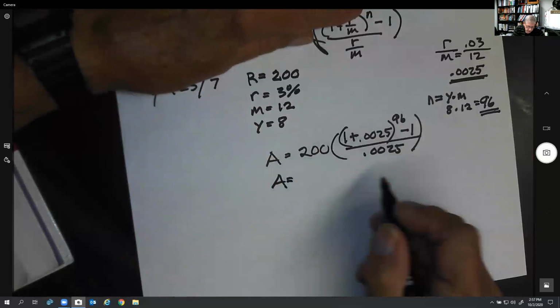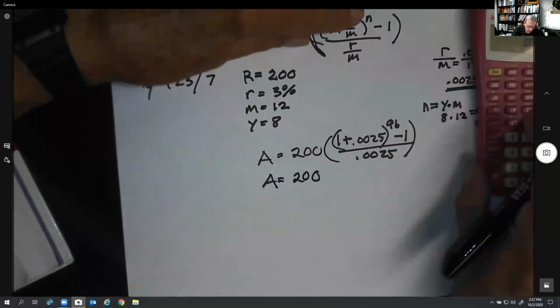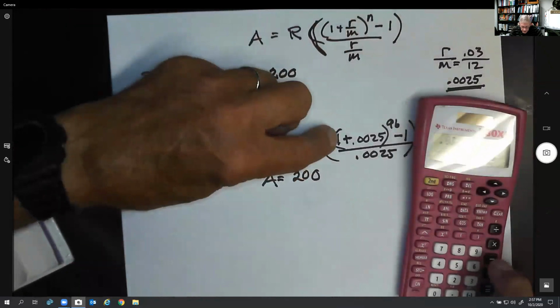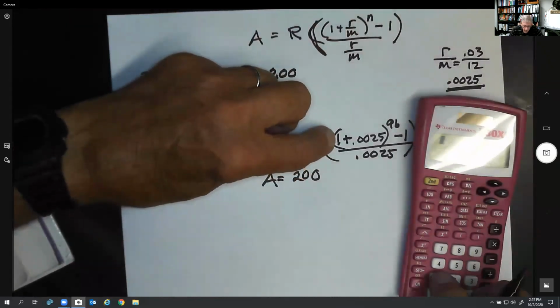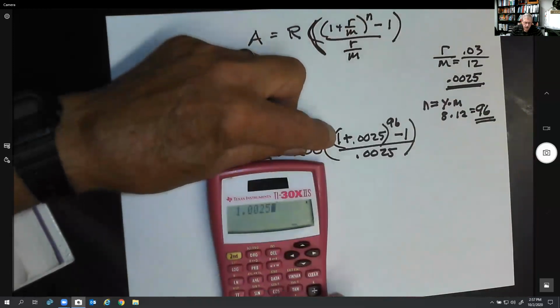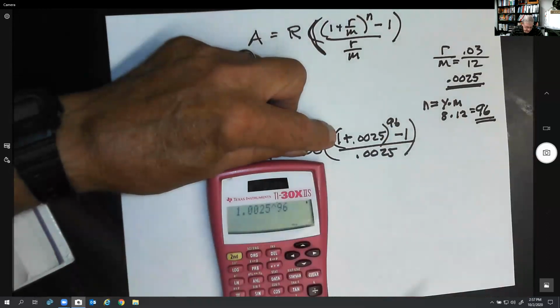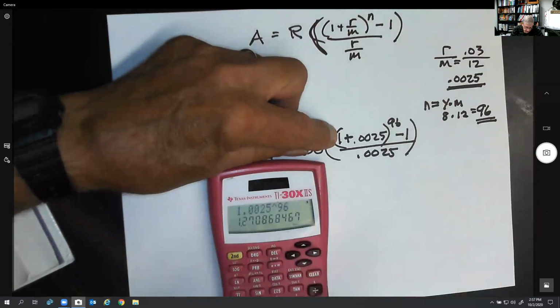I'm going to put my 200 down. I'm going to work in the parentheses, starting with this parentheses here. 1.0025 raised to the 96. So I added these together, which was pretty easy to do. Raise it to the 96, and don't hit enter, just leave it.